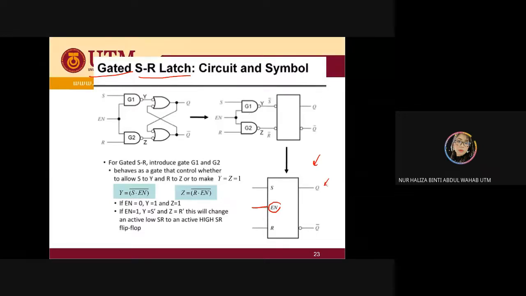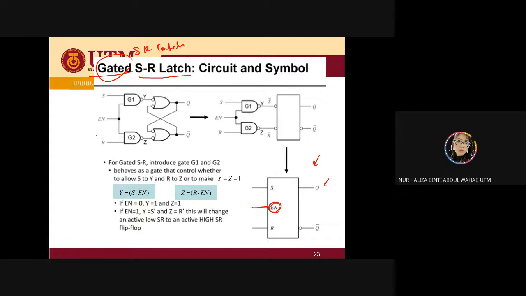And you can see the difference. As I mentioned, gated SR latch is not SR latch. It has another input called EN, which is the enable input. And the circuit is also slightly different.